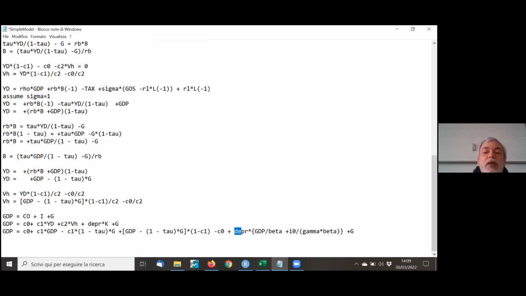So we have this DPR just to be multiplied also here. And everything was divided by, no, only the last term was divided by gamma times beta.